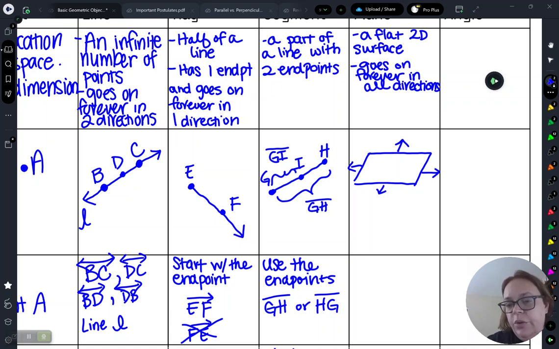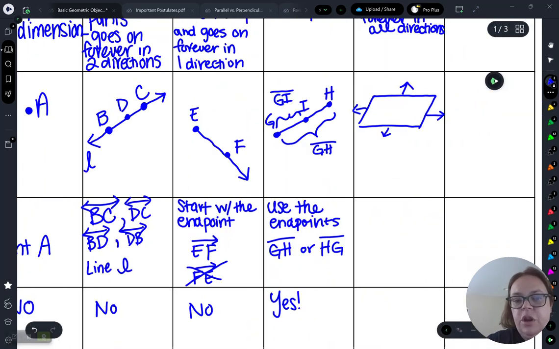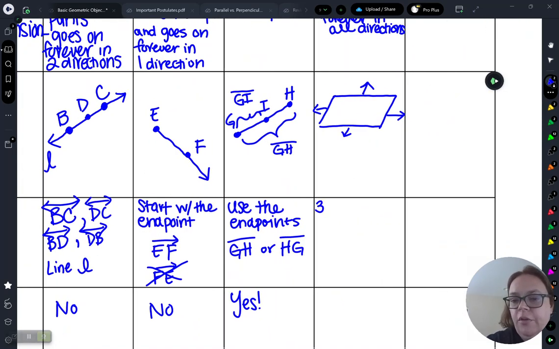Okay, now to name it, we need what are called 3 non-collinear points. Okay, so for our notation for plane, we need 3 non-collinear points.